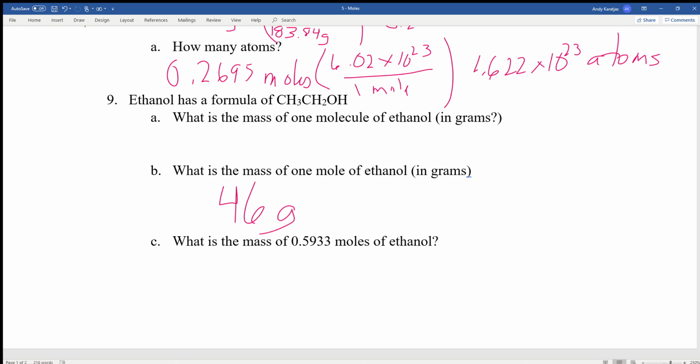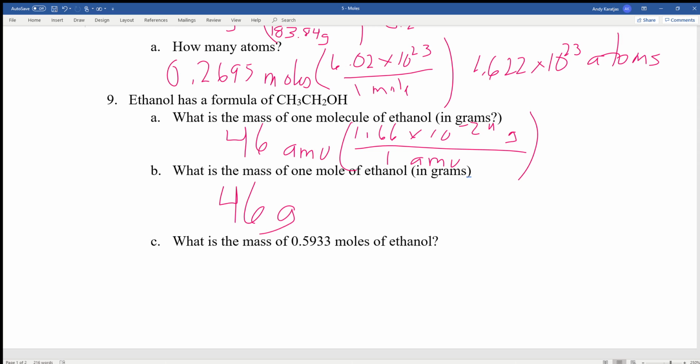Now, if we want to put that into AMUs, in other words, for 1 molecule, 1 molecule would be 46 AMU. From there, we just need the conversion, 1.66 times 10 to the minus 24 grams per 1 AMU.